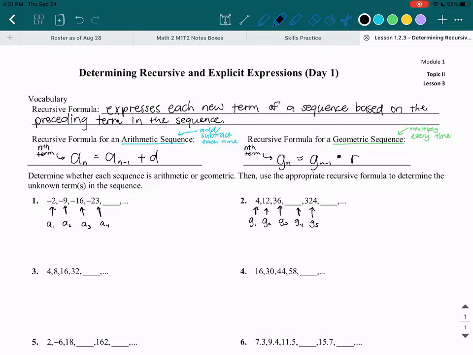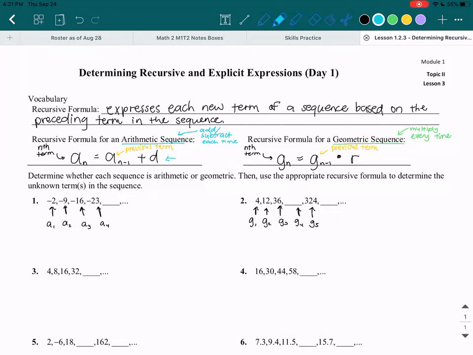Okay, so then we also have A sub n minus 1, that's just your previous term. And same thing for the G sub n minus 1, this stands for previous term. Okay, that's why it's a minus 1, the last one. And then the plus d that happens in the arithmetic sequences, remember arithmetic sequences add or subtract every single time.